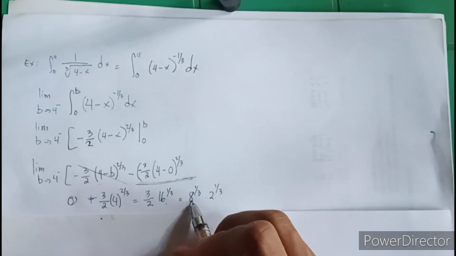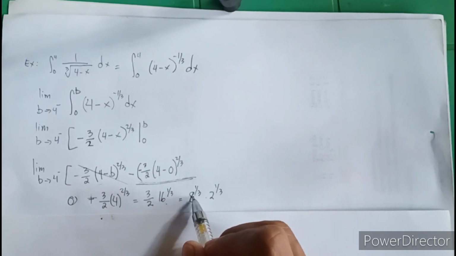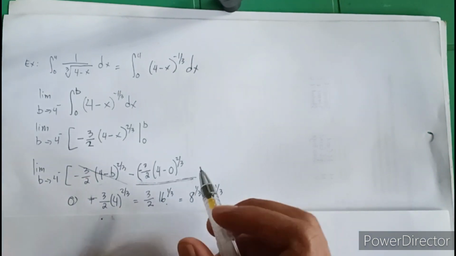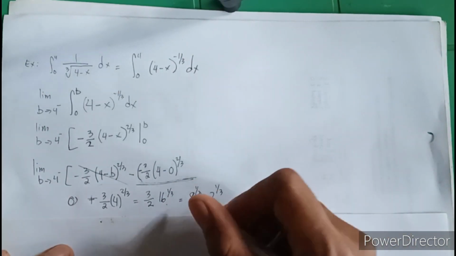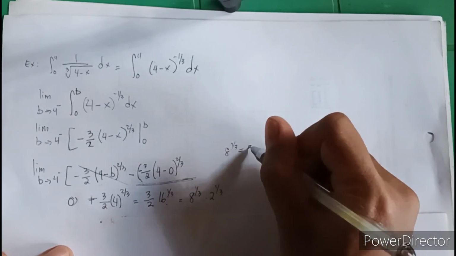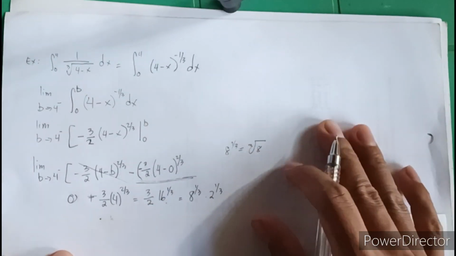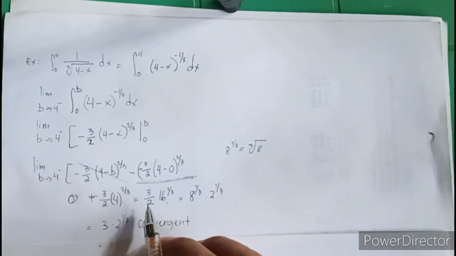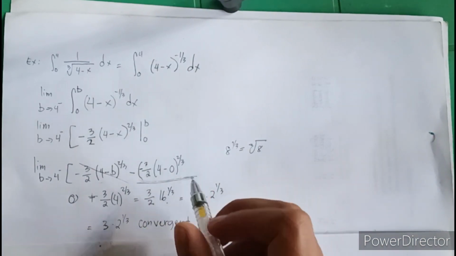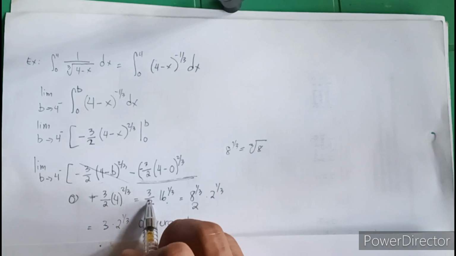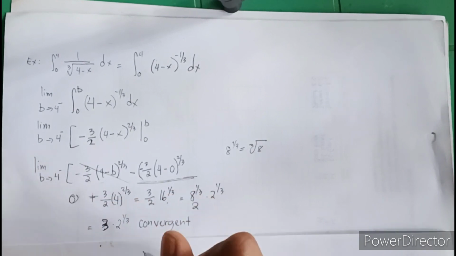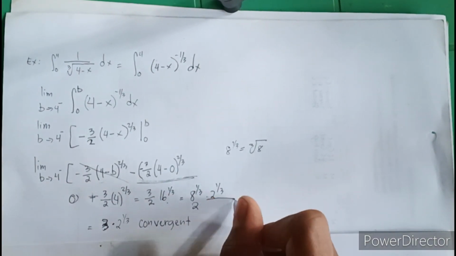And 16 to the 1 third is the same as 8 to the 1 third multiplied by 2 to the 1 third. The cube root of 8 is 2. Multiplying 2 times 3 is 6, divided by 2, we get 3, and we multiply by what's left, 2 to the 1 third.